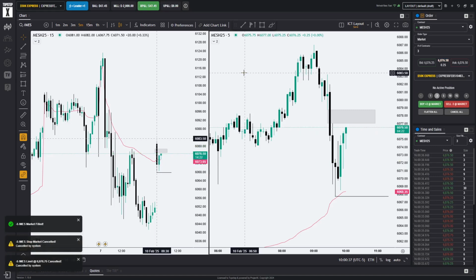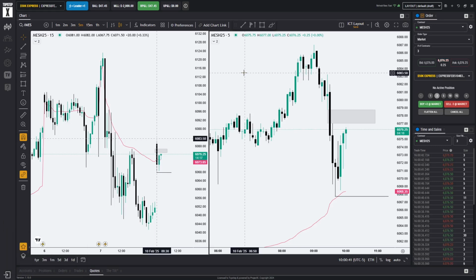Okay, order filled, one tick. I'm not gonna be a dick for one tick, honestly. It's just not worth it. And I don't like the fact that ES, that means the Nasdaq just dropped.